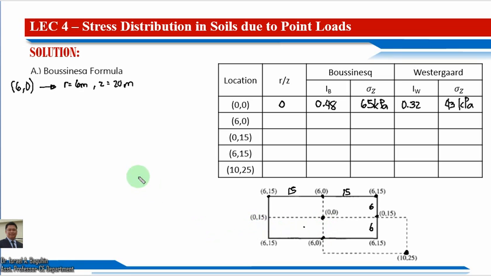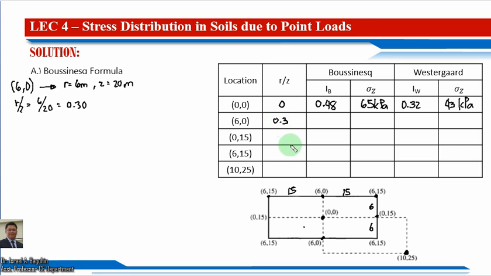So our value of r over z is equal to 6 over 20, which is equal to 0.3.